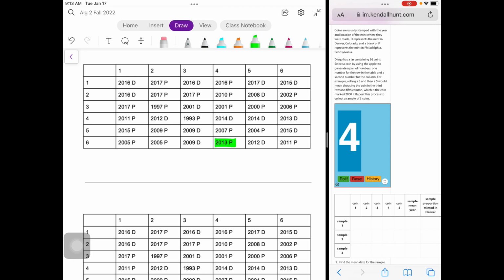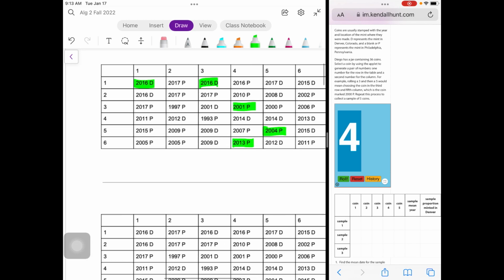Row is 1, column is 3. The row is 1, column is 1. Row is 5, column is 5. We need one more. Our row is 3 and our column is 4. So 3, 4. There we go.